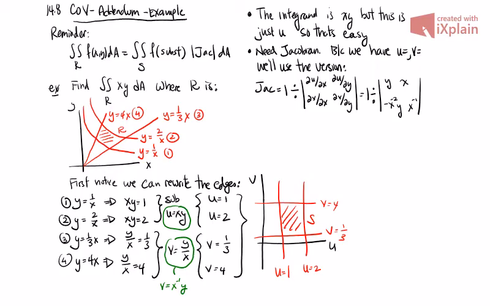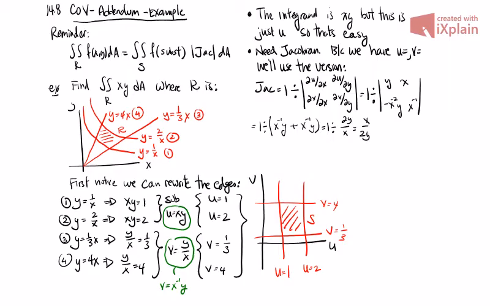Now, there's some stuff that has to happen here, so watch what happens. We get 1 divided by, this determinant is x to the negative 1 y minus a minus x to the negative 1 y, which is 1 divided by, each of these is y over x, so I have 2y over x. So this is x over 2y.